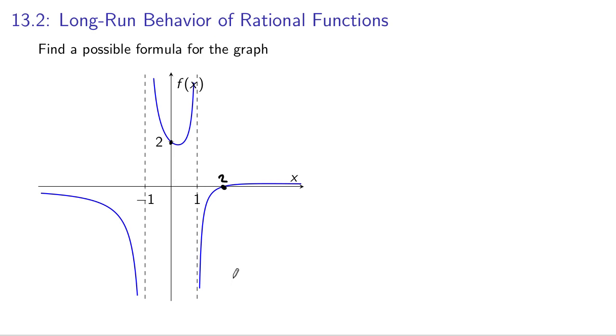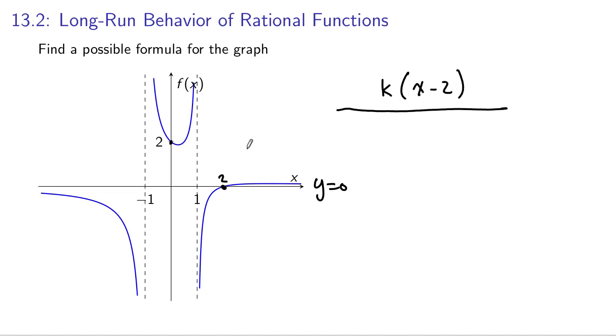Okay, and so we know there's a 0 at 2. We know the long run behavior here, it's got to be y equals 0. So the numerator has to have a smaller degree than the denominator. Okay, we'll just go ahead and put a constant here for the y-intercept, which we'll take care of in a minute. The numerator has to have a 0 at 2 to get this 0 in the graph.